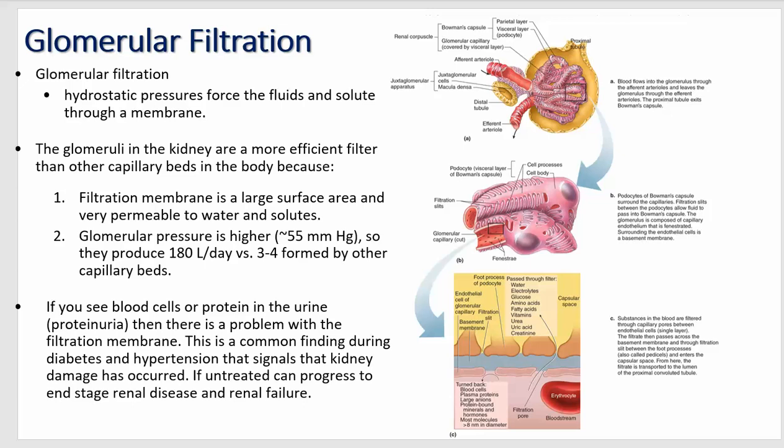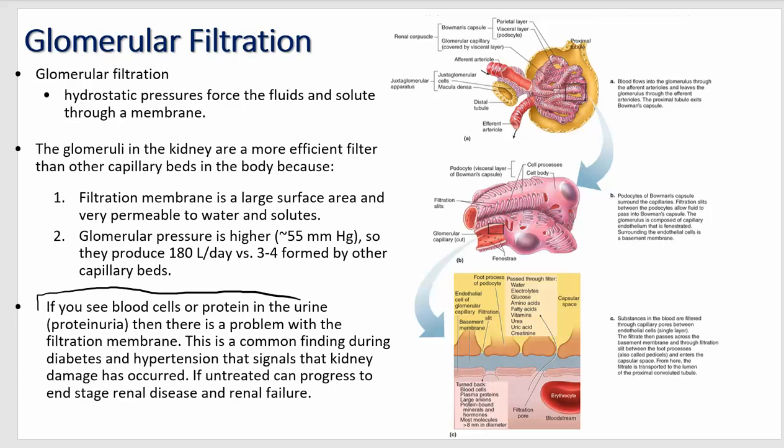So let me say that again. A point here is that if you see blood cells or protein in the urine, then there's a problem, probably with the filtration membrane. It could be kidney disease itself, or a disease in the actual tubules, so that can also happen.